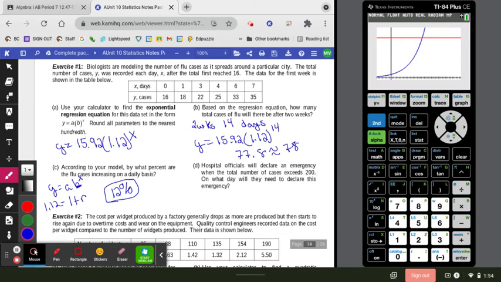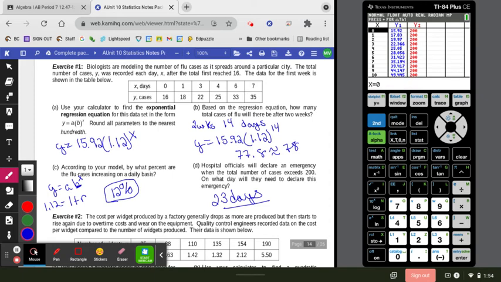So now that I can see where they cross, I can do second calc, and I want to find the intersection of those two, which is 22 days. Actually, 23 days is when it will be over 200. If you don't like doing that system, I can look at my table and look for where the blue is over 200, which again is at 23 days.